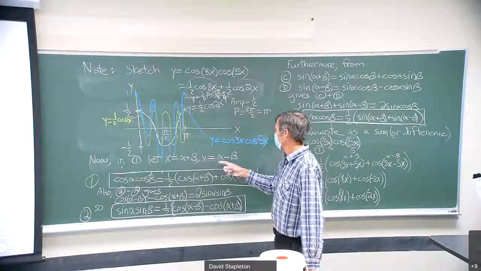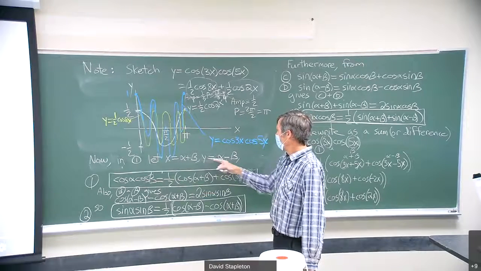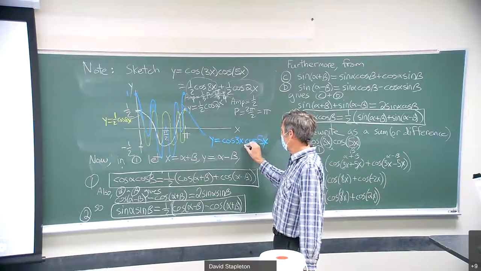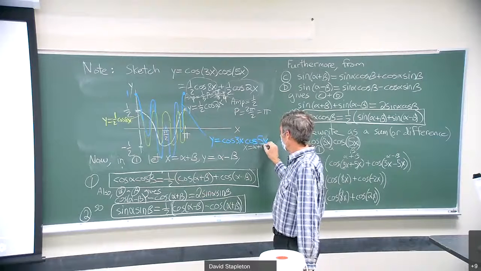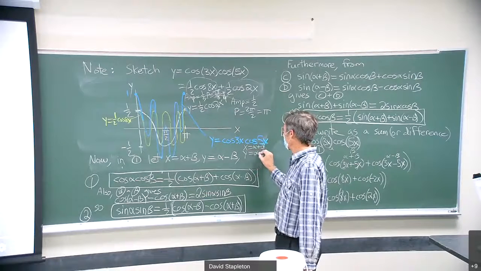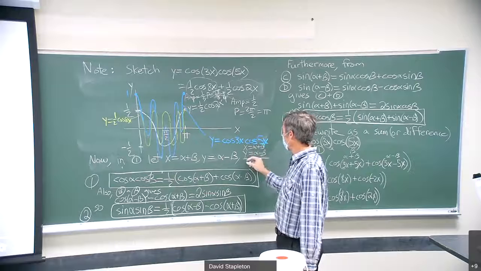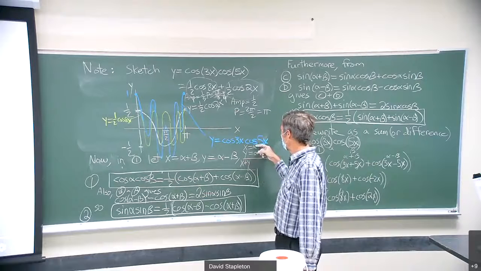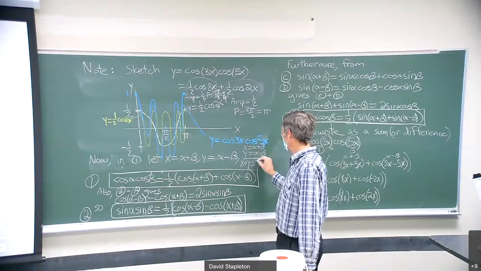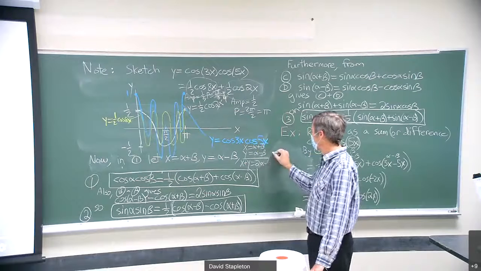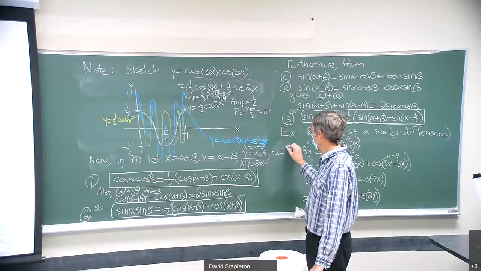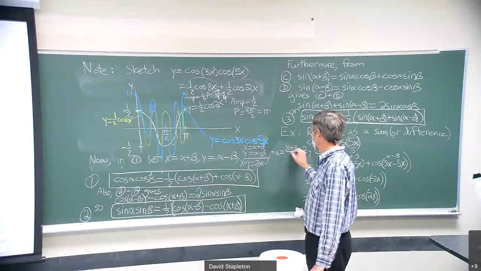Well, if x equals alpha plus beta and y equals alpha minus beta, you can add those, right? If you add those two equations, you get x plus y equals 2 alpha, because they add, but beta and minus beta cancel. So then you divide this by 2, and you get alpha equals x plus y over 2.